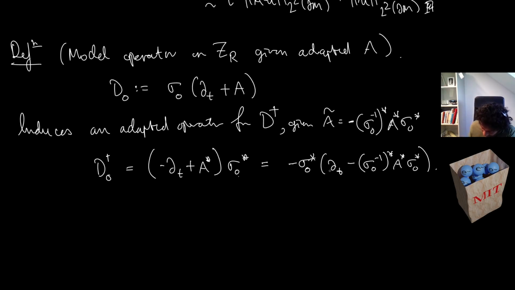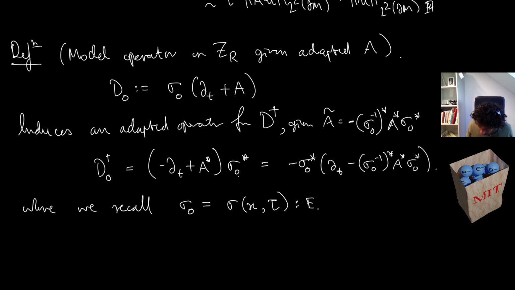So the point here is that this symbol D naught star commutes with the dt. Okay? So I should say, where we recall this is equal to x tau, which is an endomorphism ex to fx for x on the boundary.